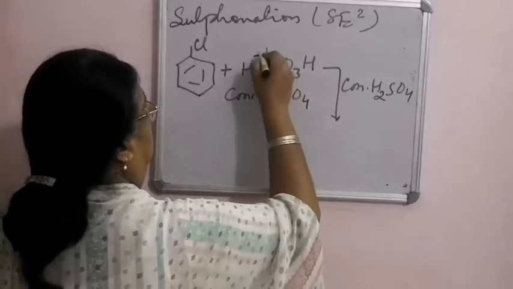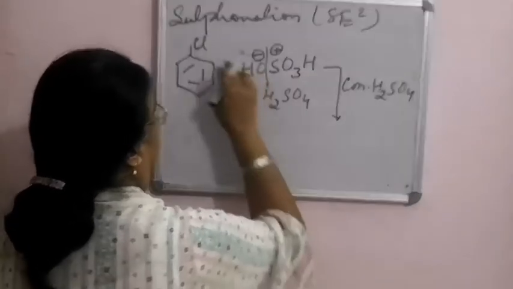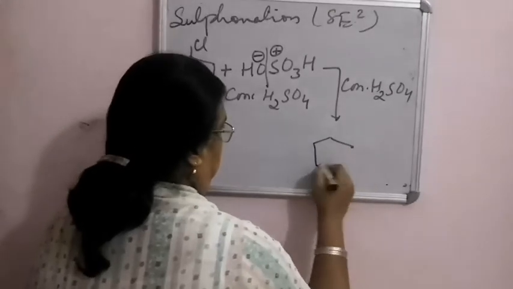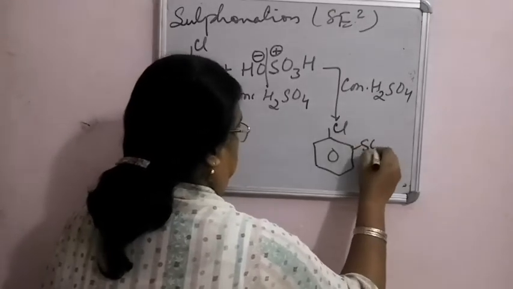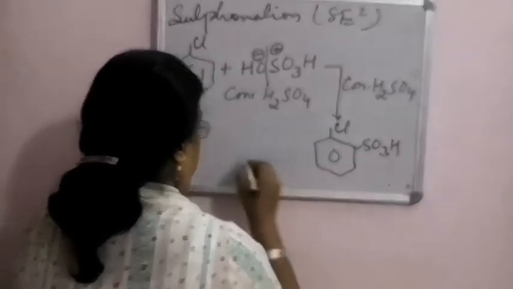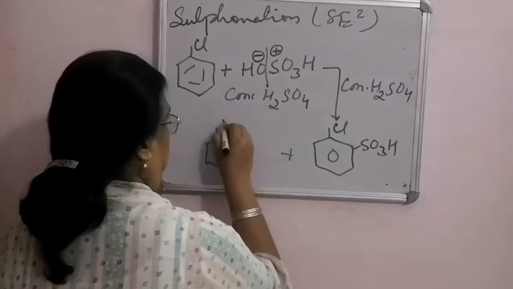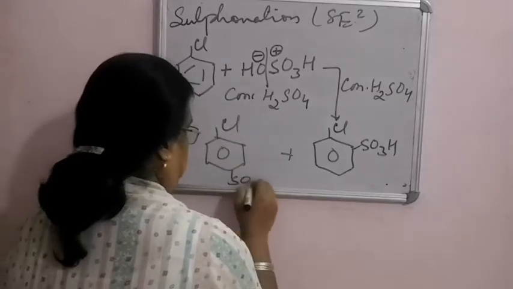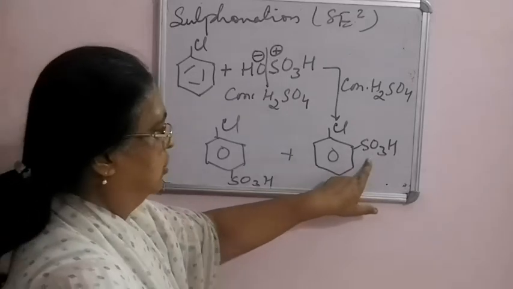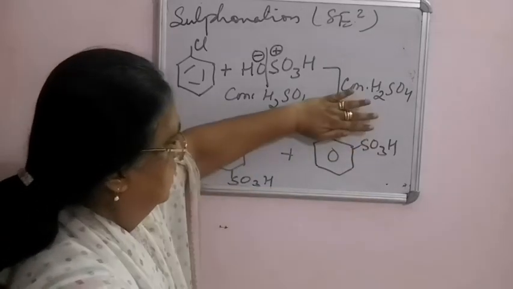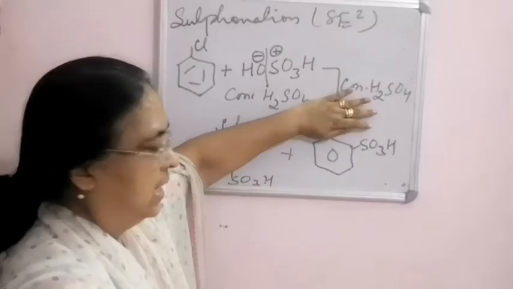So this will be breaking into negative and positive sulfonium ion. So this will be coming to the negative center at ortho and para position. SO3H, and here it will be chloro, SO3H. Here this is a preferred functional group. So if you know the nomenclature, this is called benzene sulfonic acid.